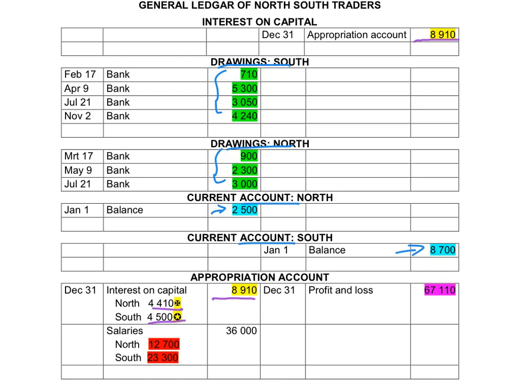If we look at this appropriation account, we see that they transferred the salaries to the appropriation account. So before we can do this closing transfer, we first have to use the figures and show that we will transfer the salaries to the salaries account and prepare an adjustment.